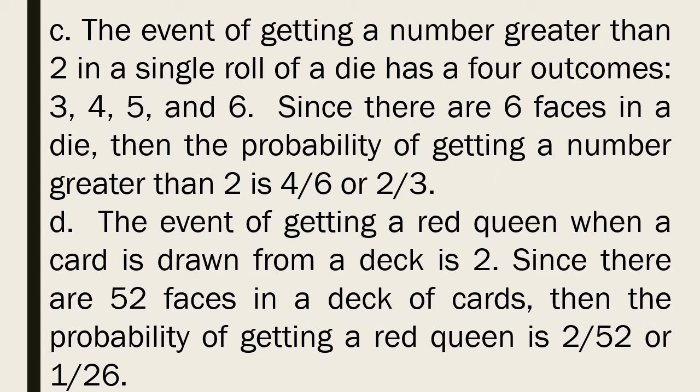For letter D, the event of getting a red queen when a card is drawn from a deck is 2. Kasi alam natin na there are just 26 red cards at dalawa roon yung queen. So since there are 52 faces in a deck of cards, then the probability of getting a red queen is 2 out of 52 or 1 over 26.